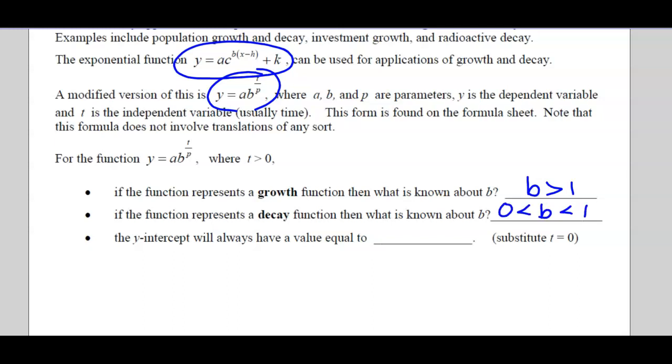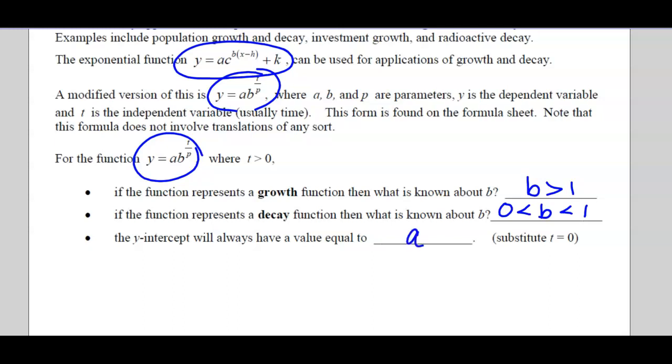Okay? Now, when it's in this form, you always know your y-intercept. It's just the A value, because there's nothing added outside, and there's no translation in the t. So y-intercept is when t is 0. So that makes b to the 0, which is 1. A times 1 is a.